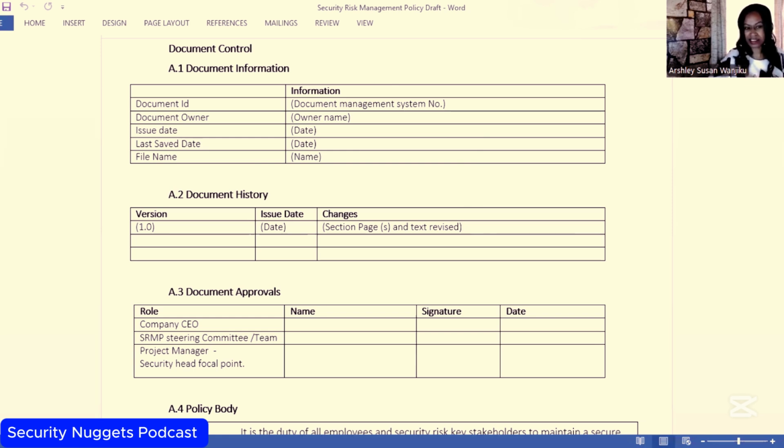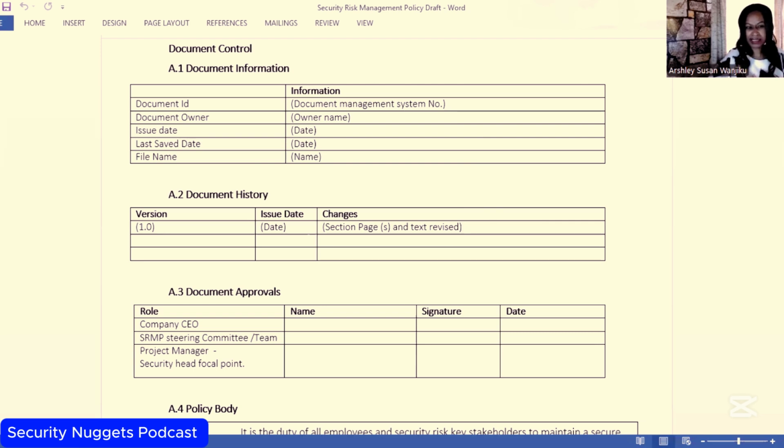Now, for purposes of this draft, we're going to have a first section where we're going to have the document information. We're going to have the document ID, the document owner, the issue date and last saved date, and the file name. Now, the document ID is going to be referenced to your document management system in your organization, which varies.